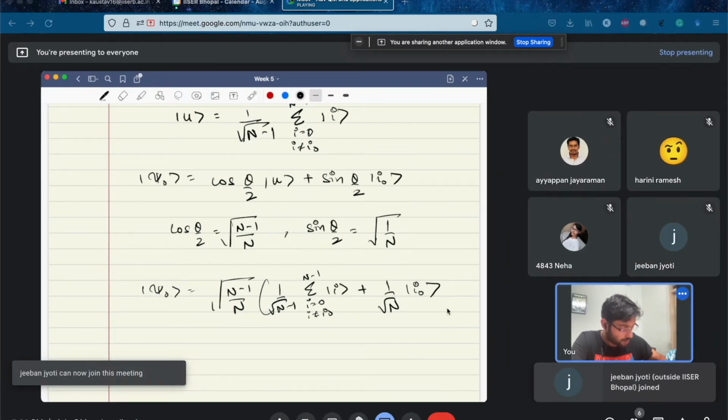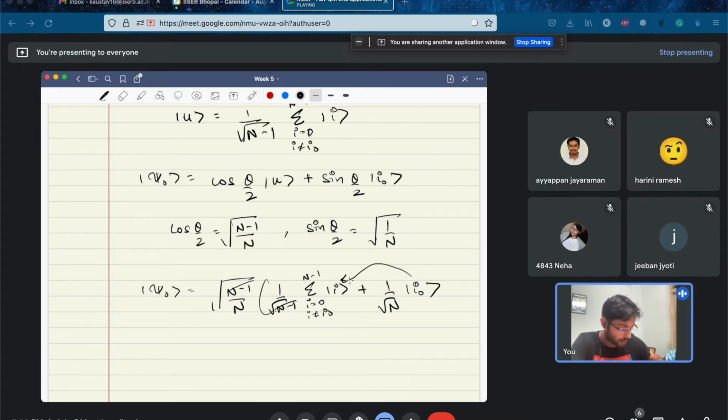Like this it simply gets added up into the summation and you get the psi naught back. So in this form you can write it.